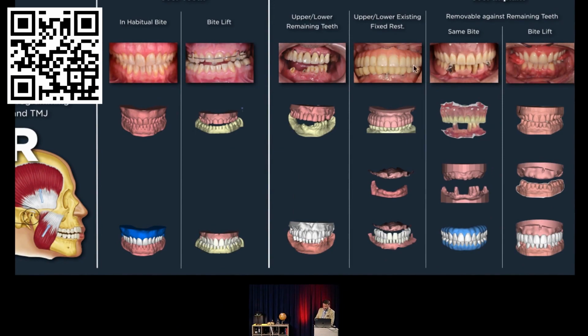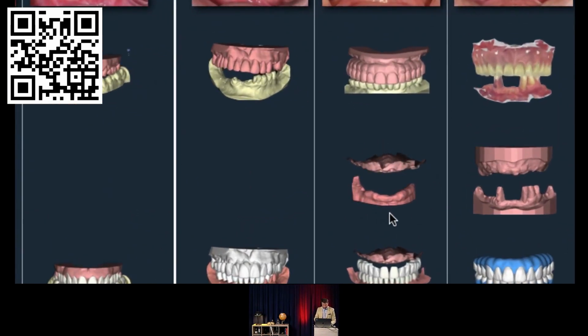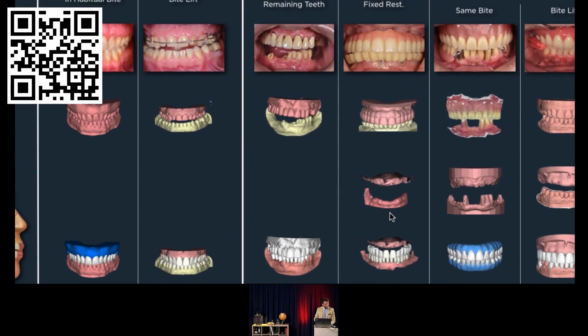You can do a wax bite or a silicone bite. You need to manipulate. You can put a jig in the front to open the space, and then fill the back with occlusal material, and then scan. This is what we really need. This is what is important. This file here. Okay, so we need to trust this file.